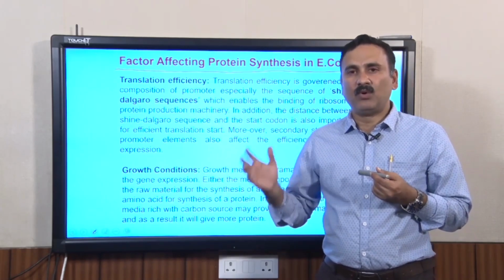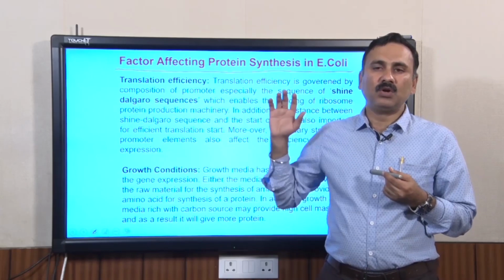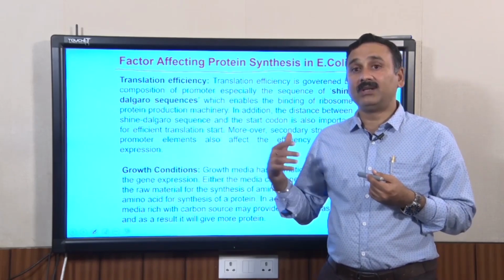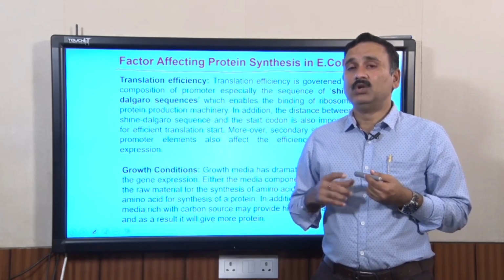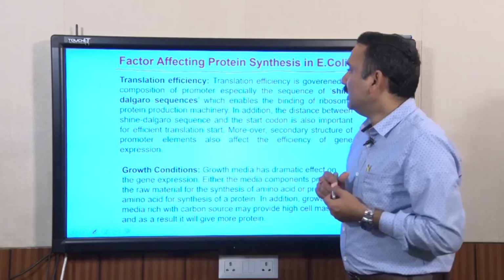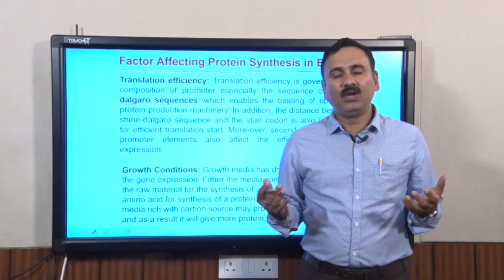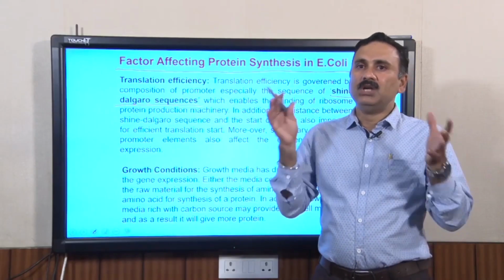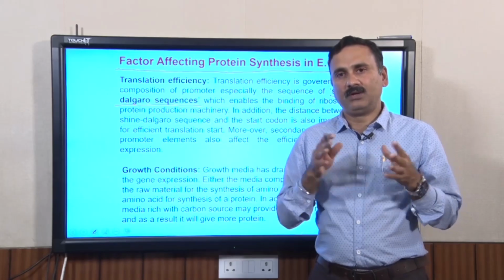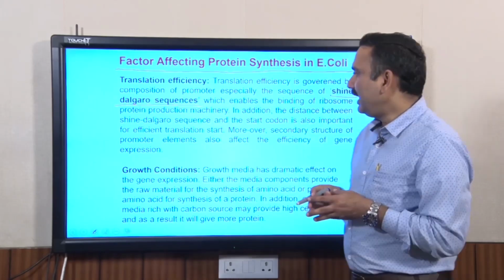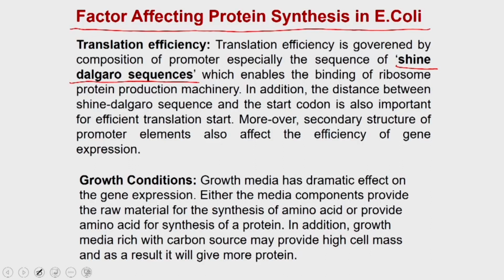Apart from the promoter as a deciding factor to control the efficiency of protein production, you also have to consider another parameter which is called the Shine-Dalgarno sequence. The Shine-Dalgarno sequence allows the binding of the ribosome machinery to the recombinant DNA, and it controls the overall protein production from the particular clone.